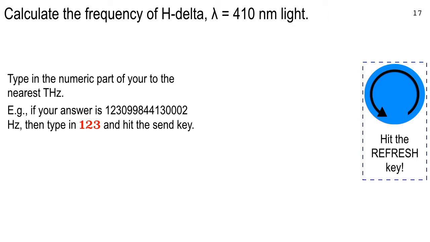Okay, now this is the purply H delta line that we saw on the first day of classes. Go ahead and start with that. Hit the refresh key. Remember to hit the send key. And this is going to be a number of terahertz.